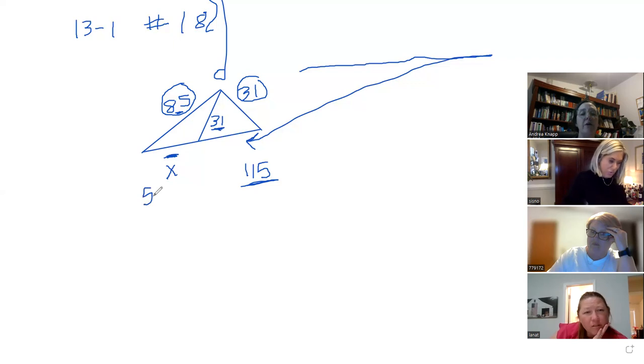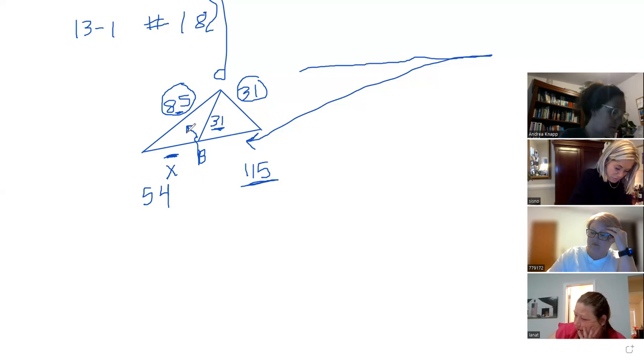So now if we flattened out the 54 and the 31, if we took this vertex B and just squished it this direction, 54 plus 31 would be 85.